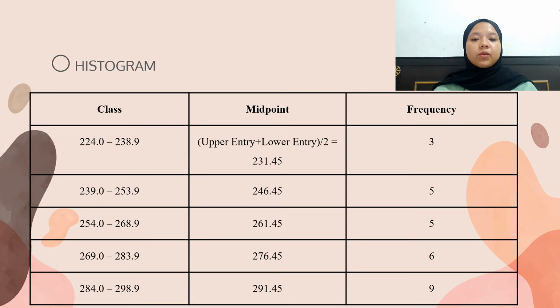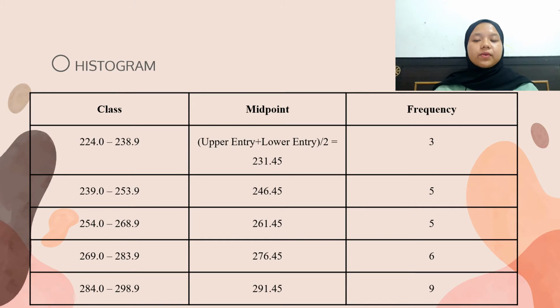So in the table, what we need was the class that we have calculated before, and the frequency also. And we need to calculate the midpoint, which to get the midpoint, we need to add the upper entry with the lower entry for the class and divide by 2.